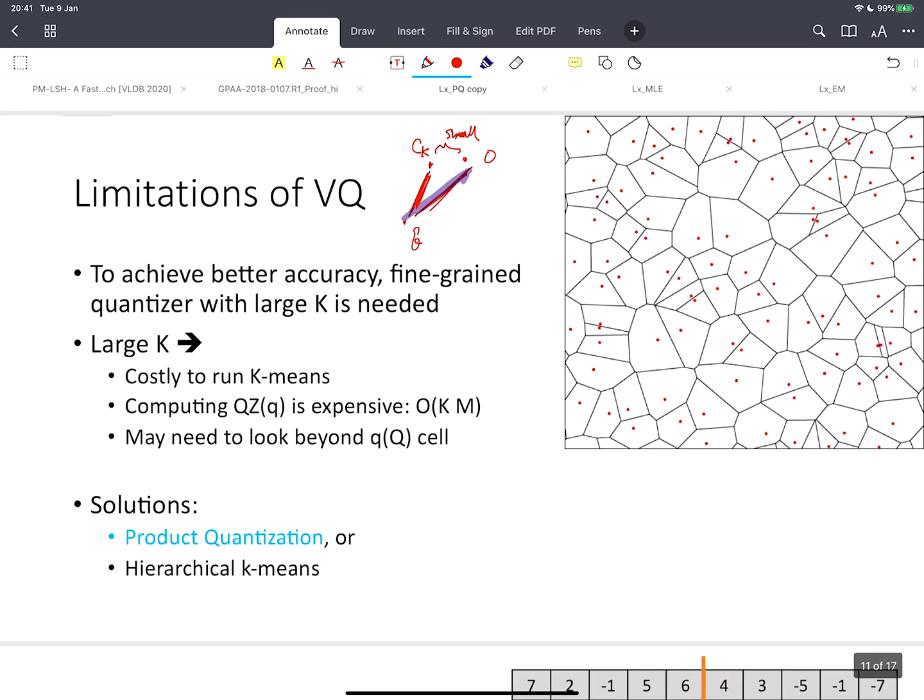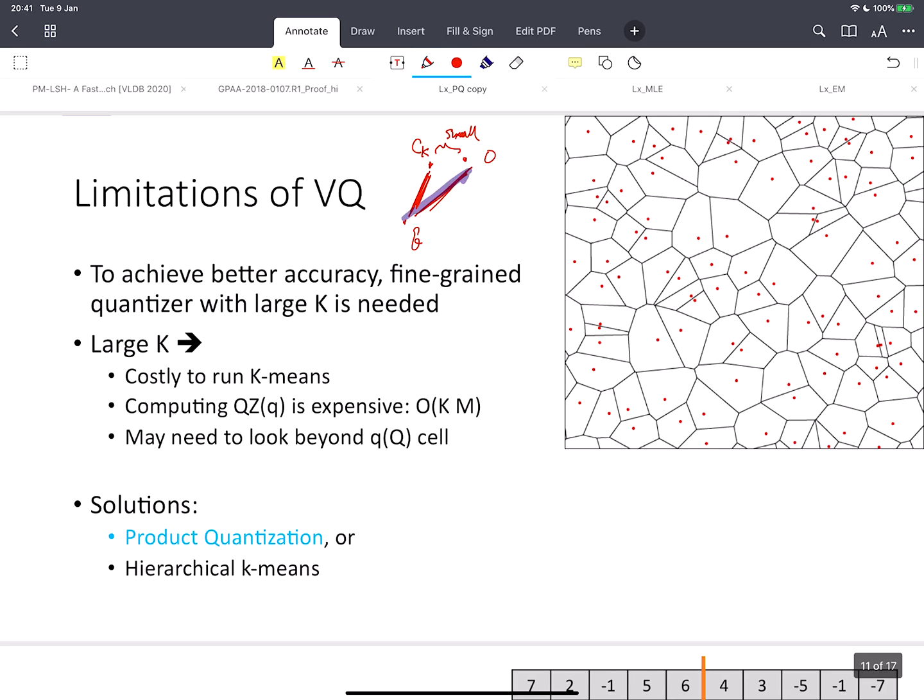But in order for that to be true, you need a large K, a large number of code words. The problem with a large K is that it's very costly to run k-means with very large K. If you think about each iteration, the amount of work you do is k times n, so if k is very large, this is going to be very expensive.